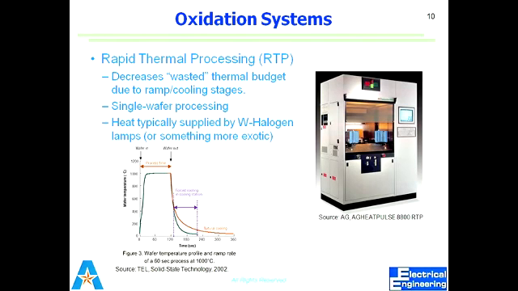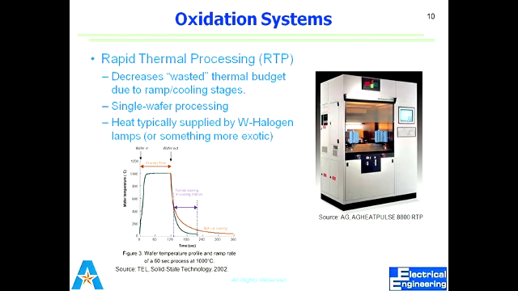According to this, maybe in 15 seconds you can heat it up to 1000 degrees centigrade. So it means that the wafer's exposure to 1000 degrees centigrade is only 15 seconds instead of 10 minutes for the same amount of thickness. Okay, so that's why the thermal budget decreases to a lower value.